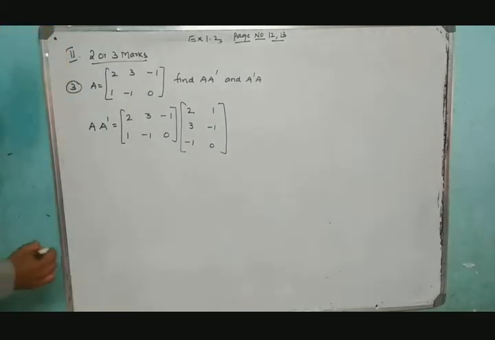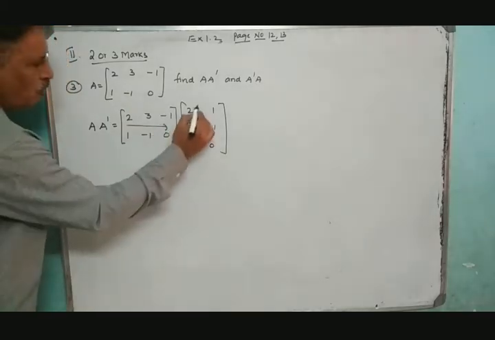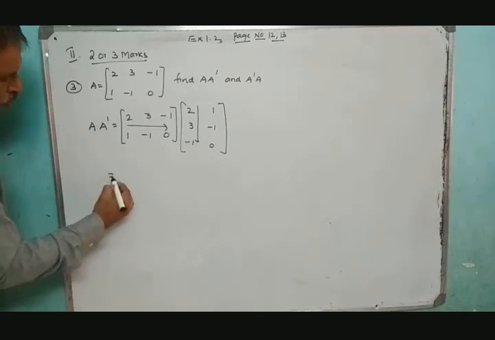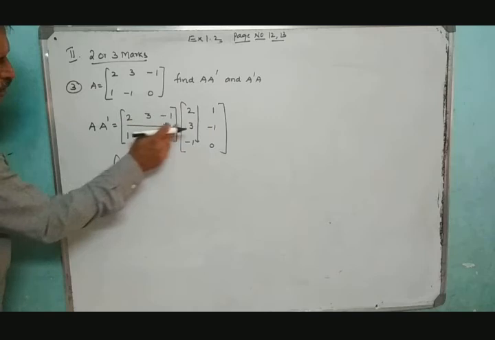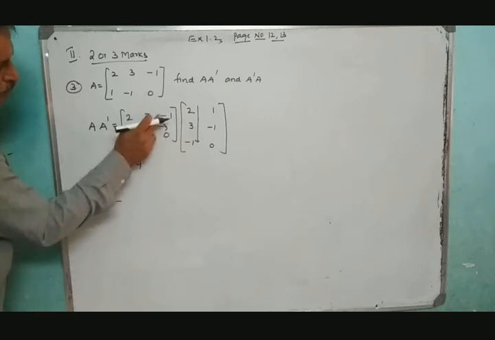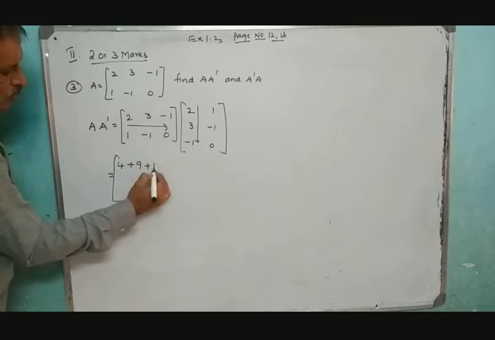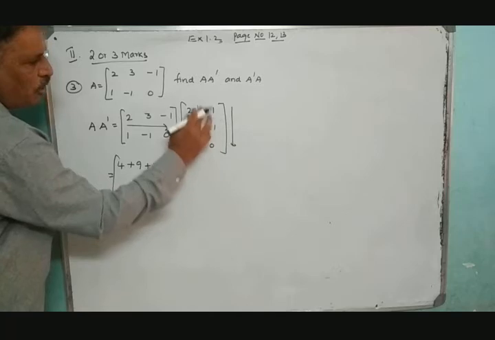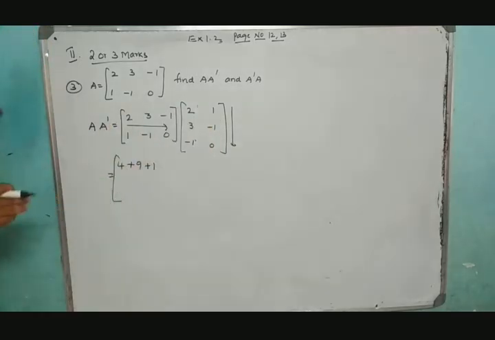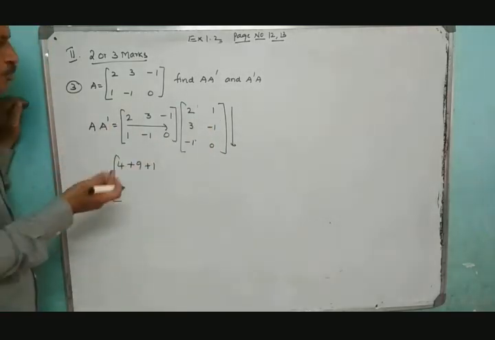Right? Now what we need to do is multiply first row with first column. 2 2s are 4. Plus into plus, plus. 3 3s are 9. Minus into minus, plus 1. First row, first column. First row, second column. First row should be multiplied with the first column as well as the second column by the corresponding element.